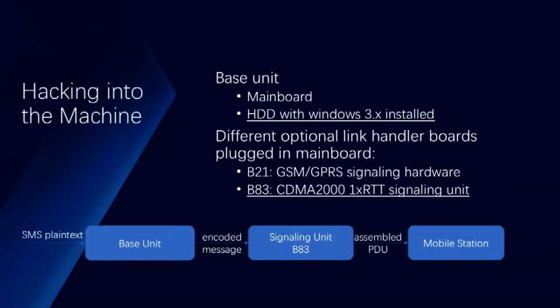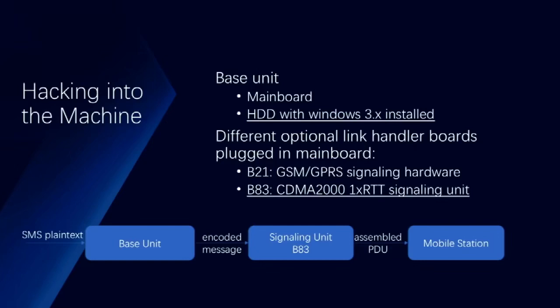But it's a common tester, so we cannot use it to deliver our malicious payload. So we have to hack into this machine to make it satisfy our requirements. This machine contains different parts. The major part is the so-called base unit, which includes a main board, memories, and a hard drive. The base unit runs a Windows operating system, quite an old version.